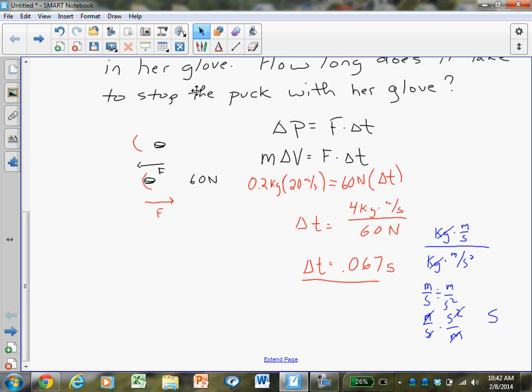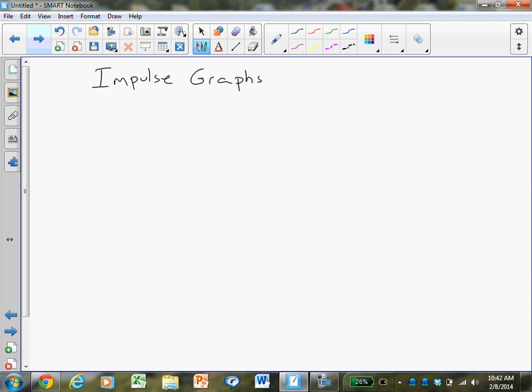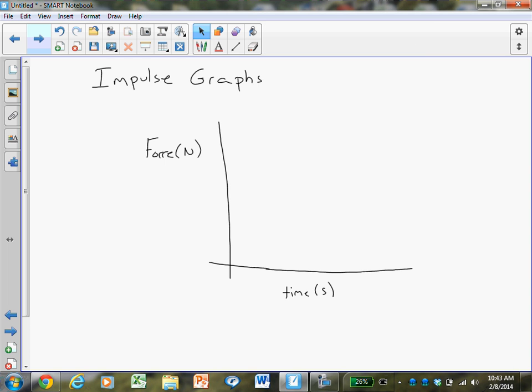Now, another way we analyze impulse is sometimes we look at what are called impulse graphs. And this is just plotting up the force over the amount of time. And so we'll do this in lab. And some of you have already done it, and you've gotten the average force by looking at your data and your graphs without realizing that force versus time is an impulse graph.